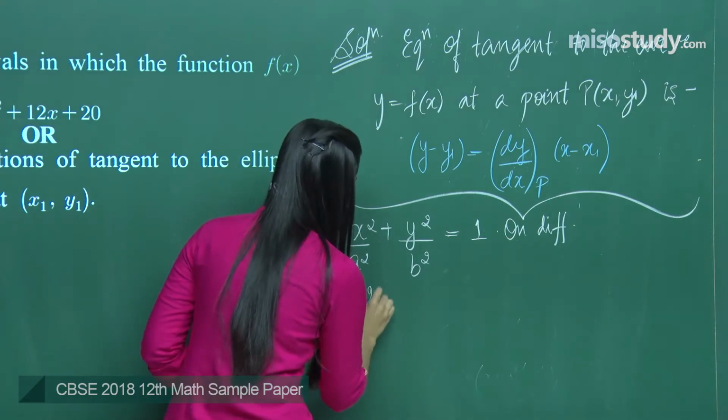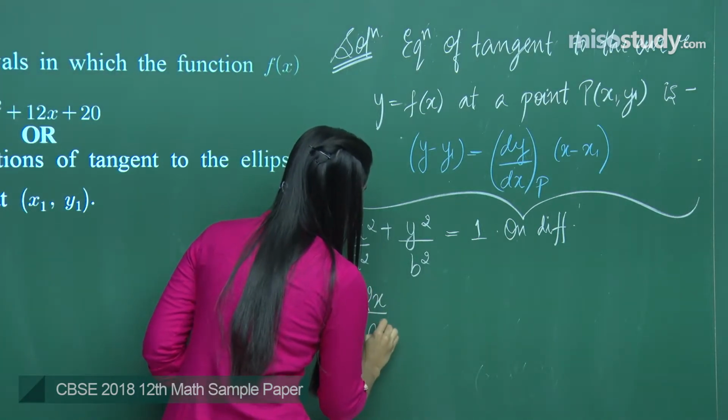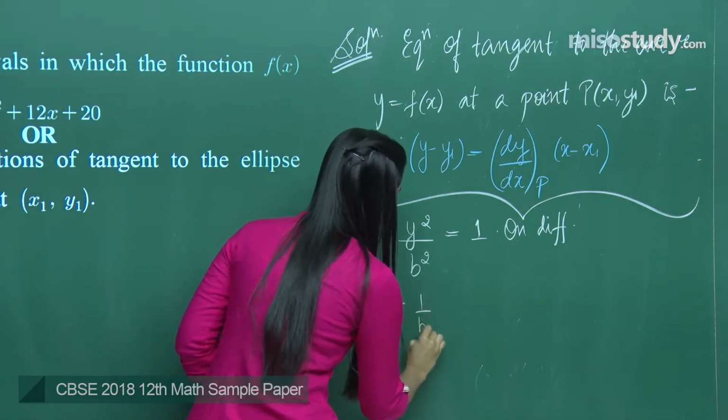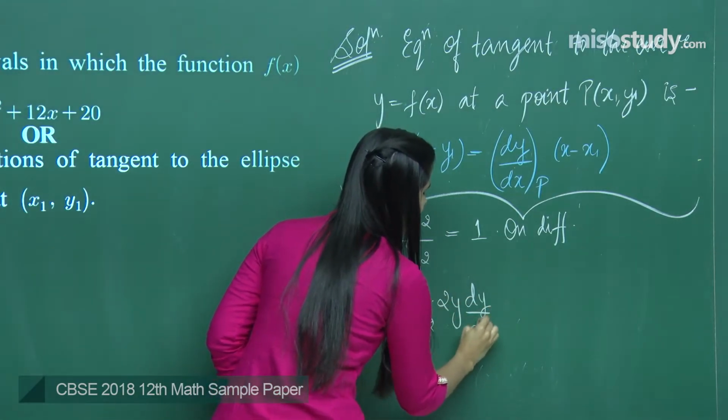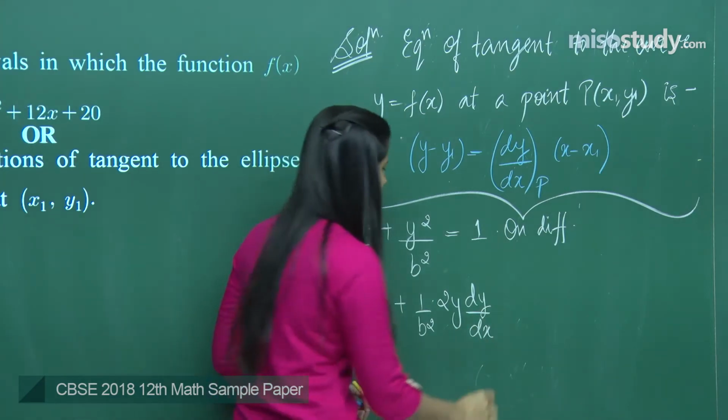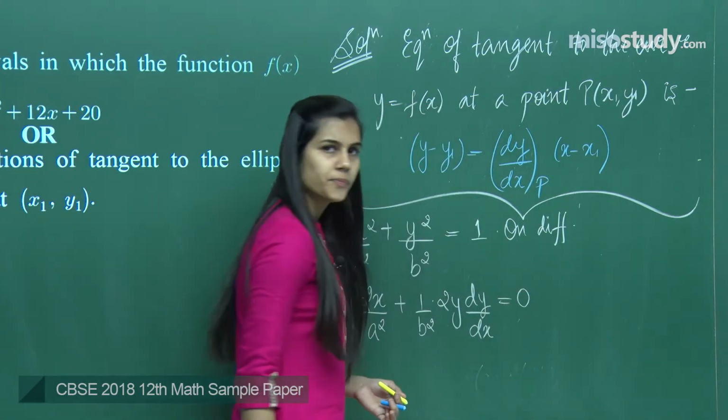With respect to x, (2x upon a square) plus (1 by b square) into 2y dy by dx, chain rule, equal to 0.